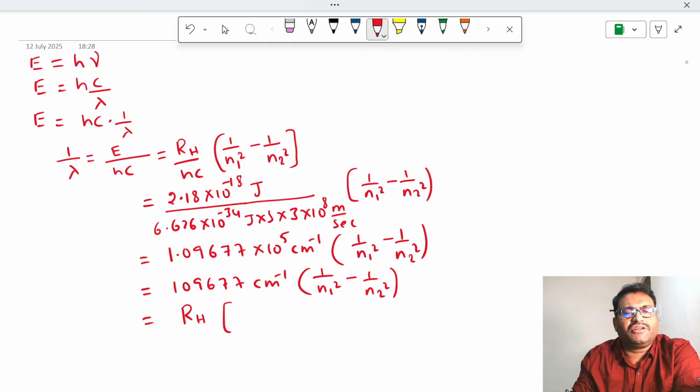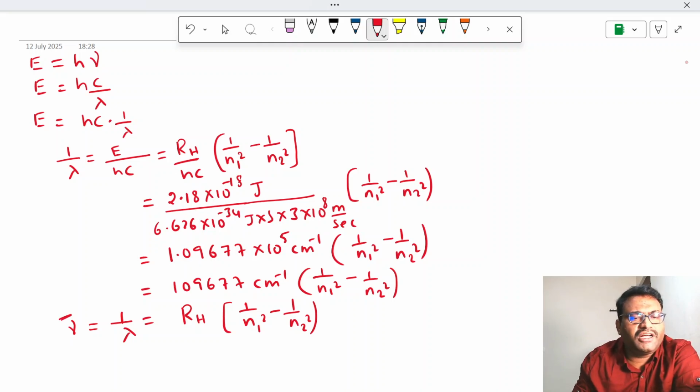This Rydberg constant is expressed in wave number, 1 by lambda. 1 by lambda is also called wave number. Wave number units are per centimeter or per meter. Here we have calculated in per centimeter.